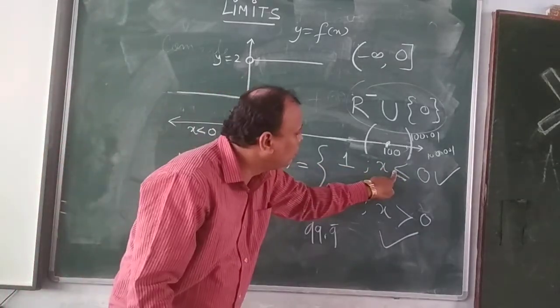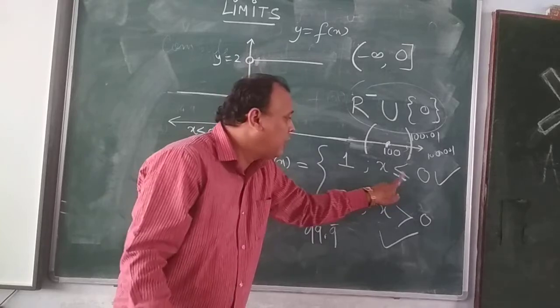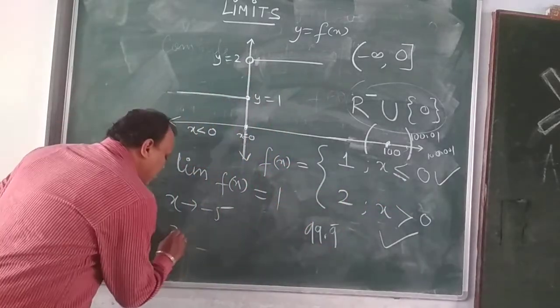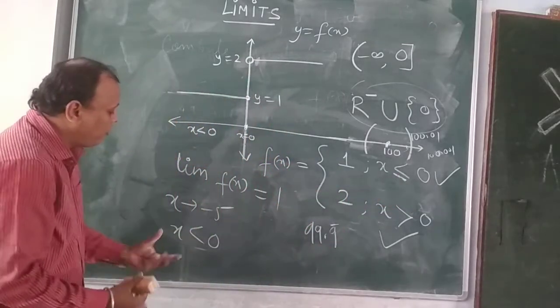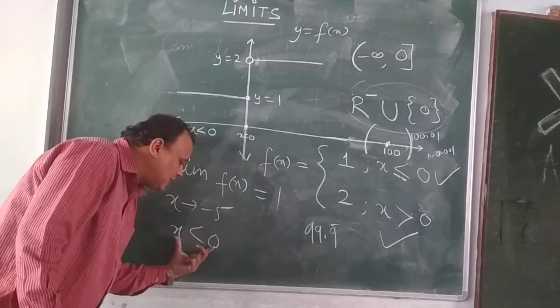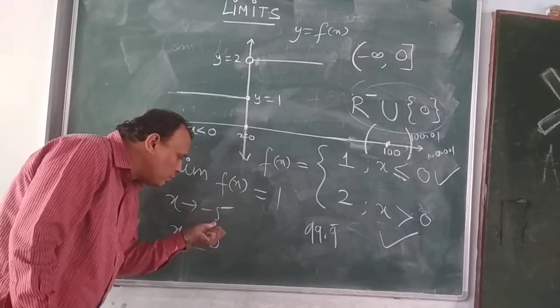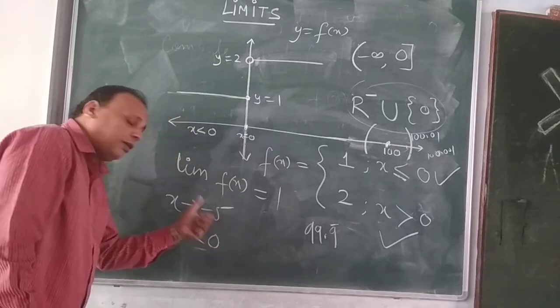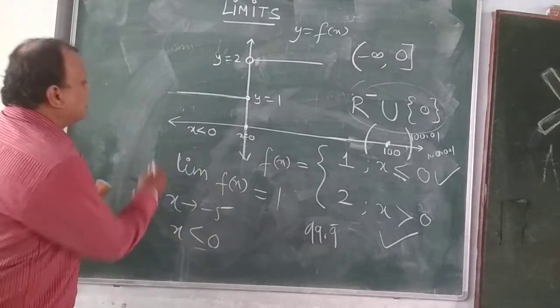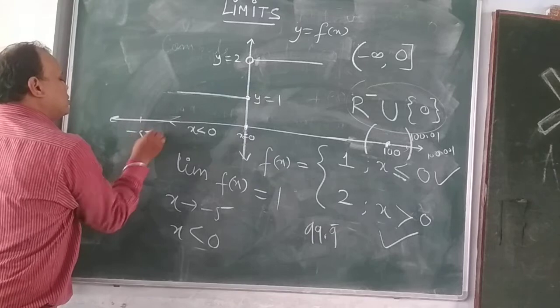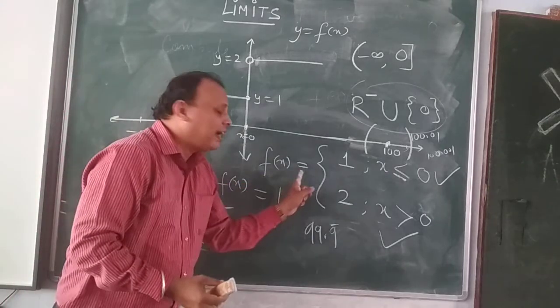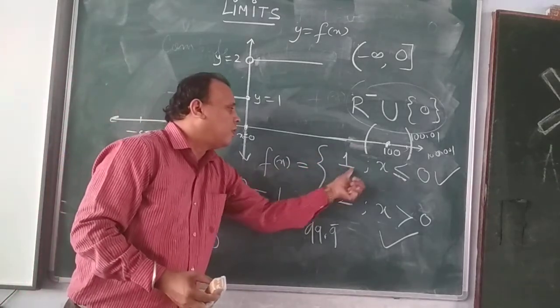So x equal to 0 is ruled out and x is less than 0. Hence, for all those values of x which are less than 0, although they are approaching towards minus 5, whether on the right-hand side of minus 5 or the left-hand side of minus 5, the value of the limit of the function becomes 1.